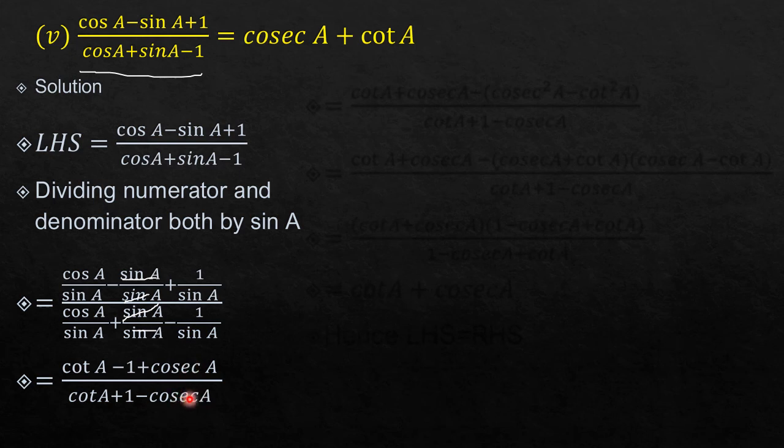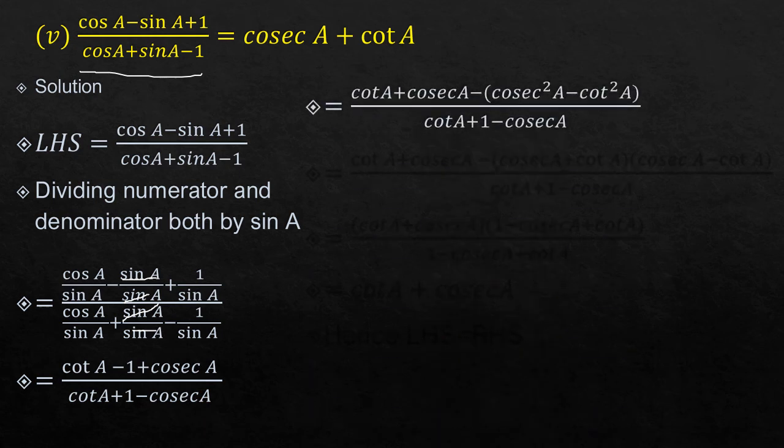So okay students, understood up to here? Now move further. You will change this minus 1 in terms of cot A and cosecant A. Use the identity. So you get cot A and cosecant A, do not change these two.